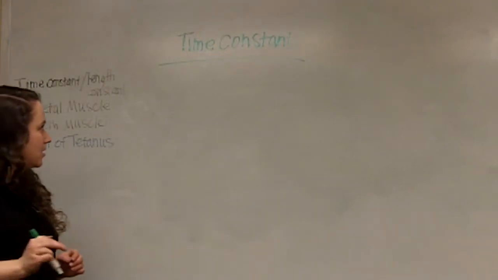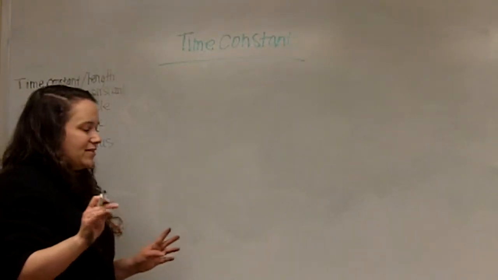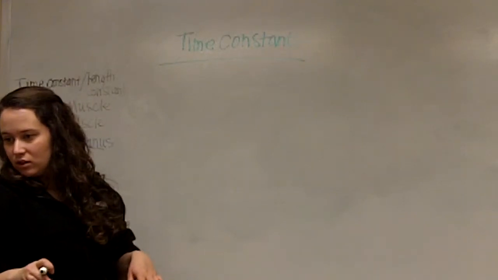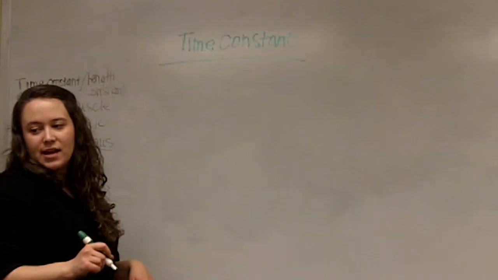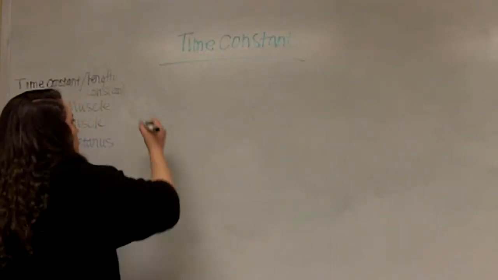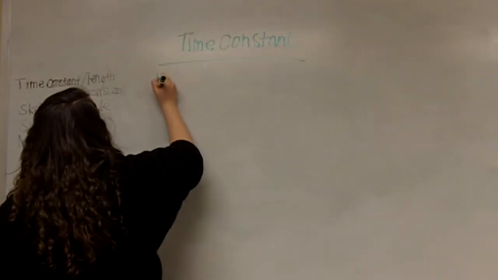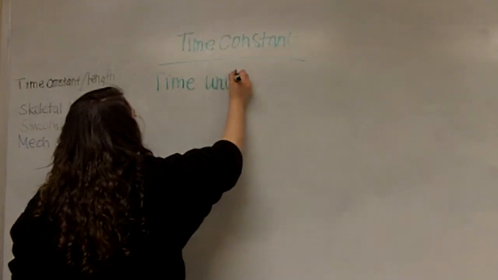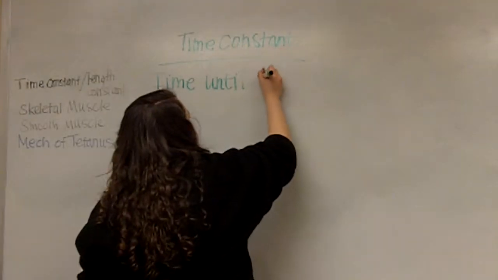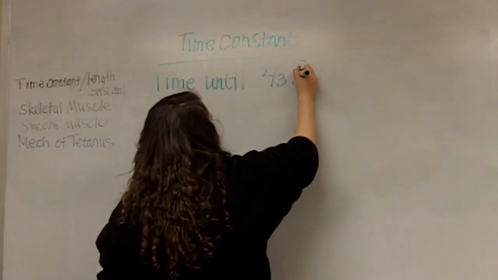So time constant, if you give a basic generic definition, is how long it takes for the current to change until you reach 2/3 of the final value.